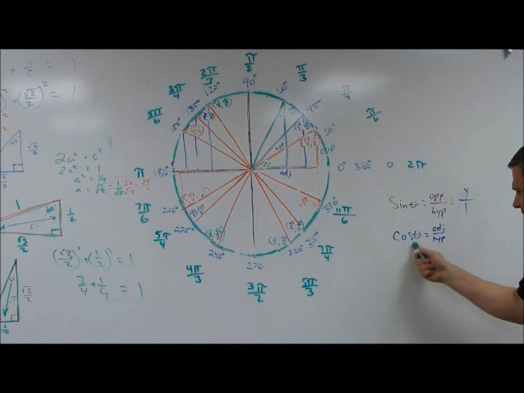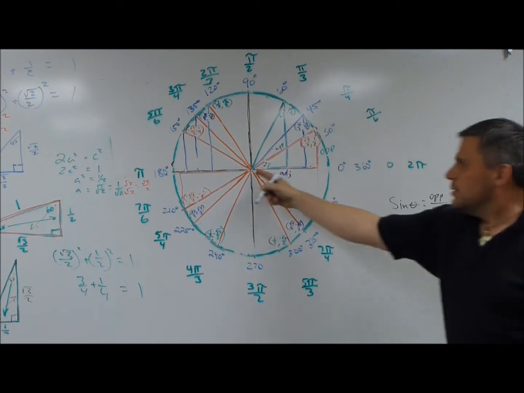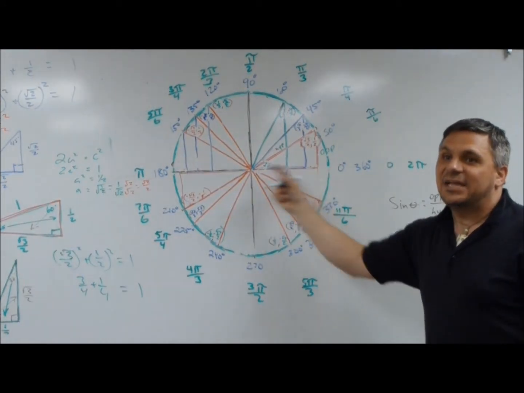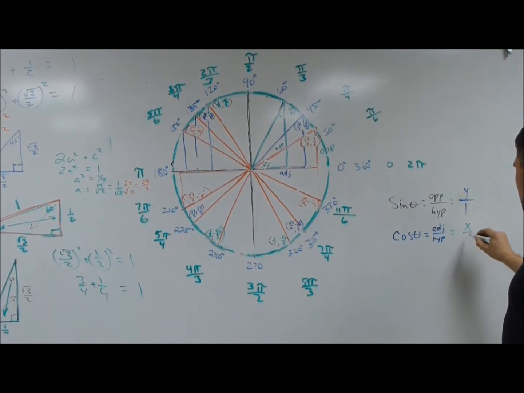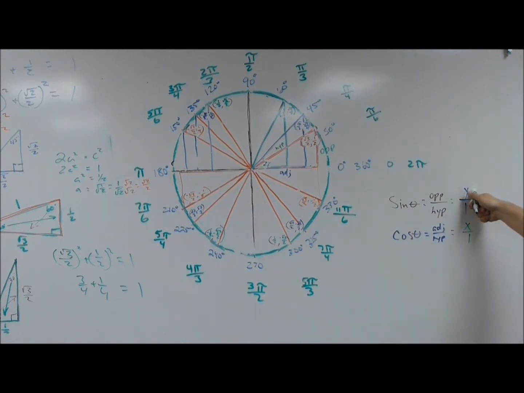And this cosine is the adjacent value, or the x value, over 1. So the sine theta is equal to the y coordinate. The cosine theta is equal to the x coordinate. If you were to put it on not just a unit circle, but any graph.